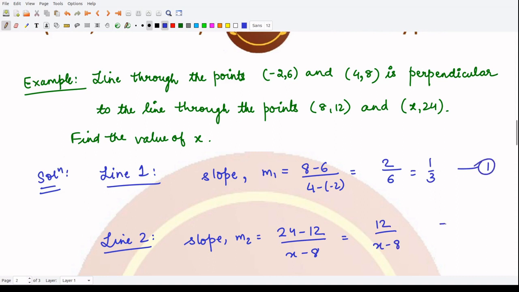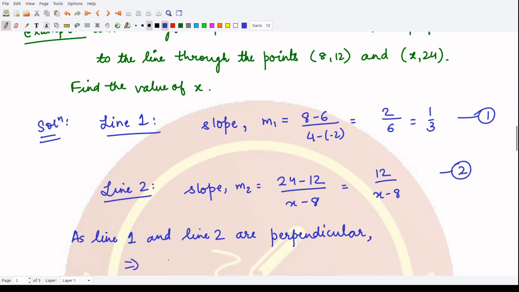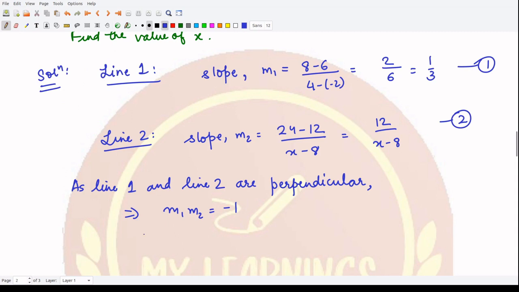Now, as line 1 and line 2 are perpendicular to each other, this implies m1 m2 is equal to -1 according to the above result. So it means 1 by 3 into the value of m2, which is 12 upon x minus 8, is equal to -1.